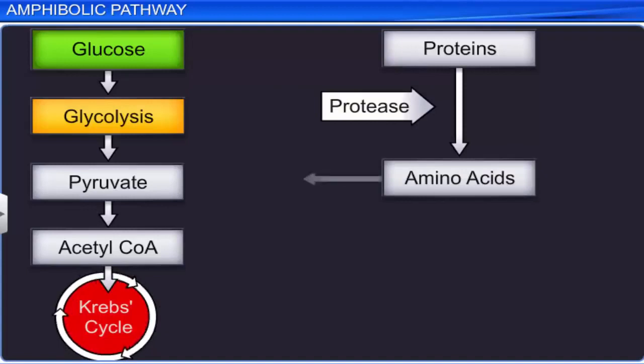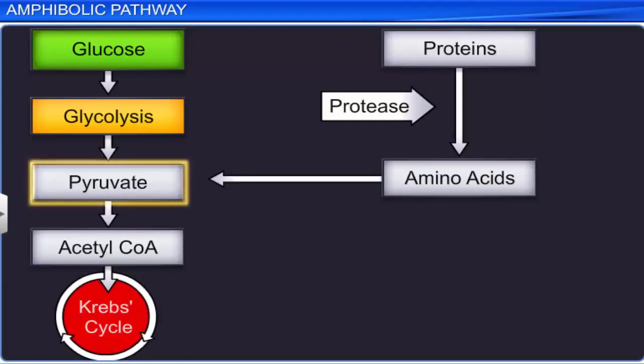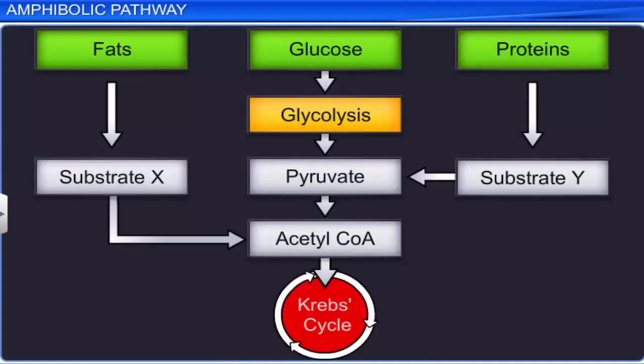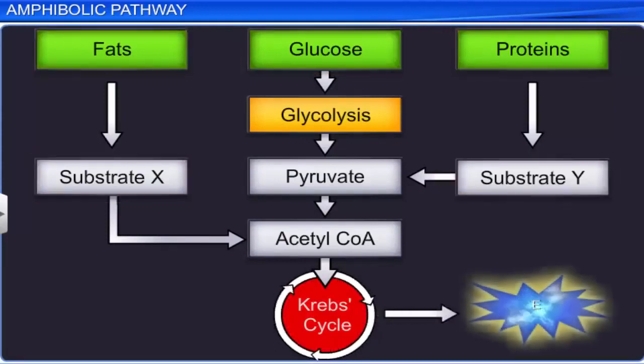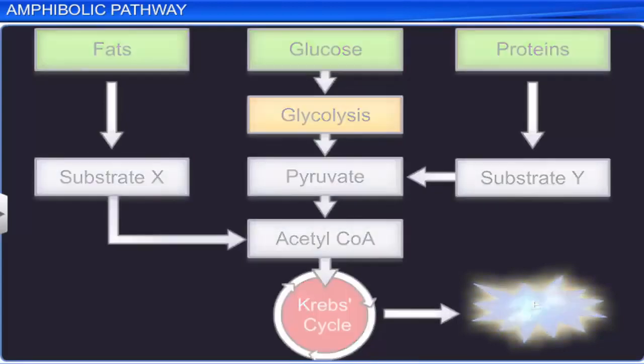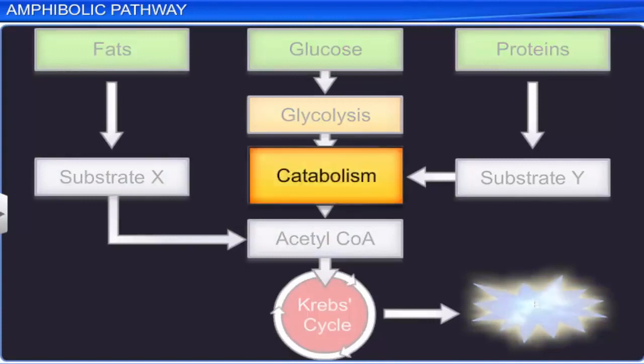These amino acids are converted into different intermediary substrates of the Krebs cycle, such as pyruvate. Thus, in addition to glucose, plants use fats and proteins as respiratory substrates to produce energy. These processes describe the role of the respiratory pathway in catabolism.